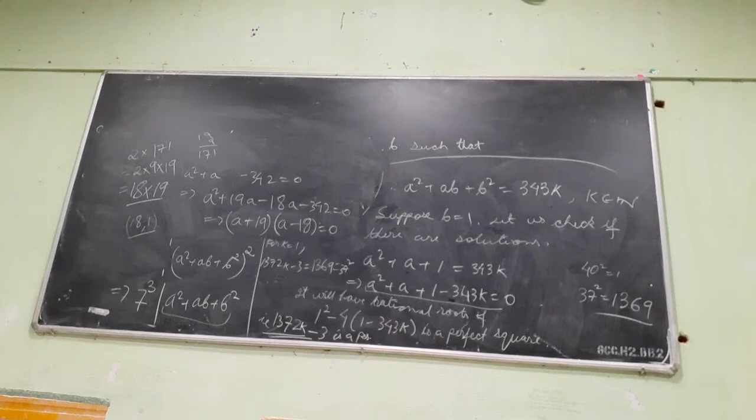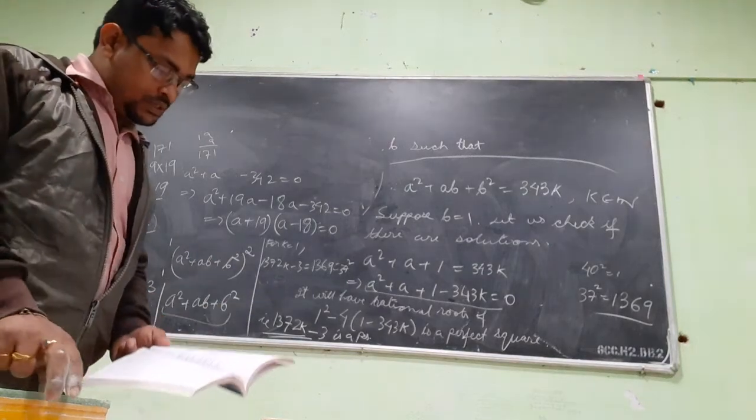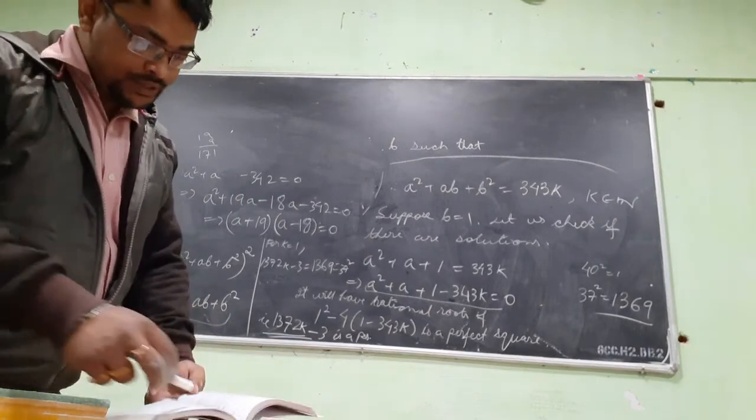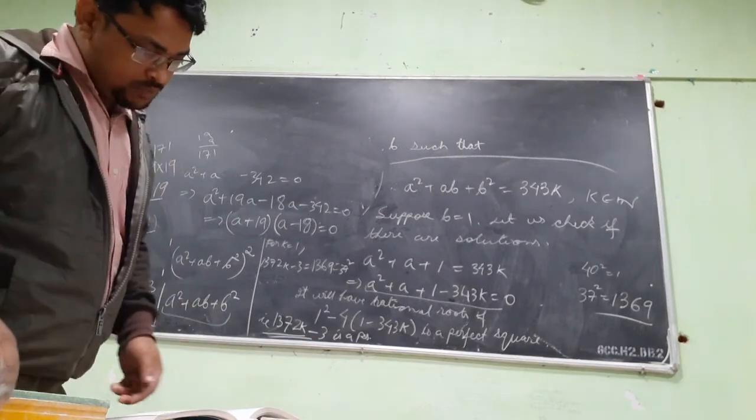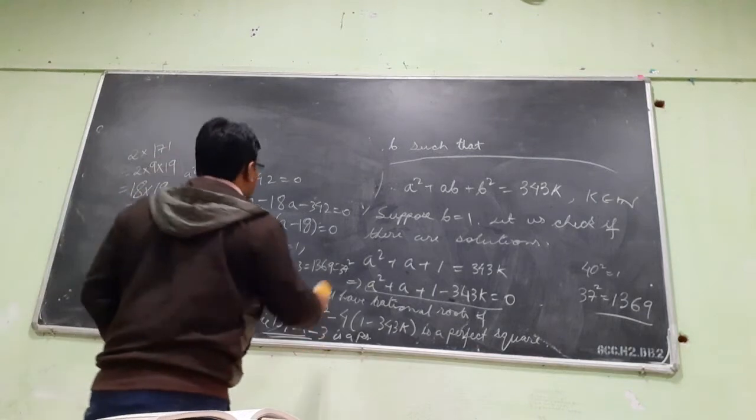Okay. So for that, some identity they have proved. Let us try to find out using this hint they have given. Is it possible to find all possible pairs which satisfy this?